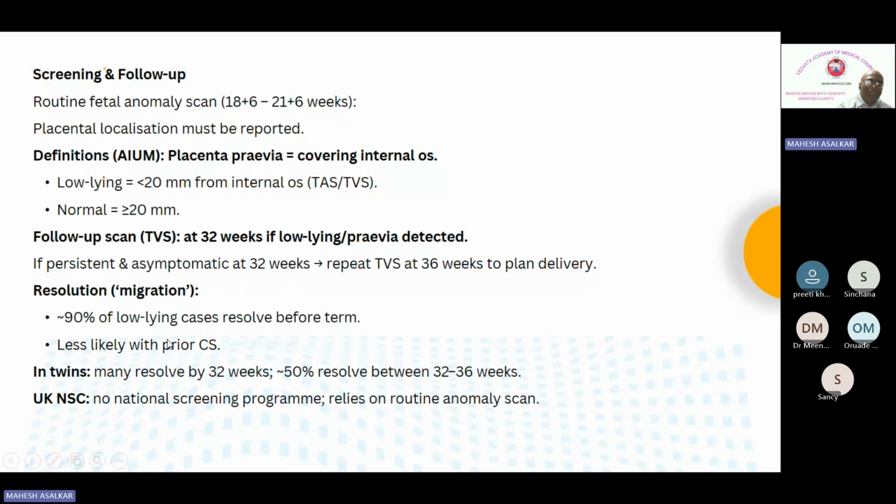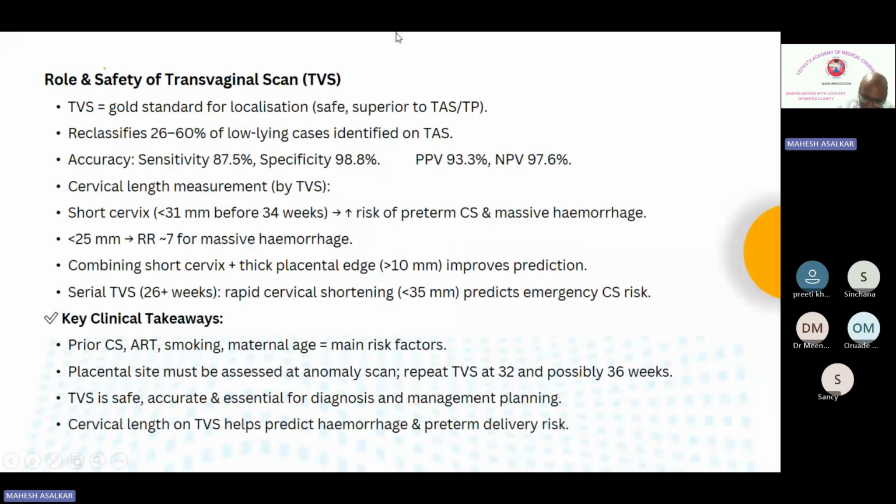By 32 weeks, 50% will resolve, and by term, 90% will resolve. Resolution is less likely if there is a prior cesarean section. So this can be asked as: in what percentage of placenta previa cases will there be resolution? 90% by term, 50% by 32 weeks.